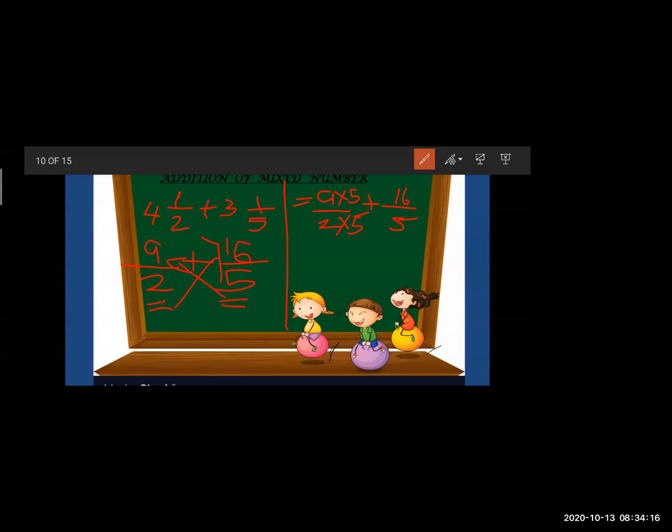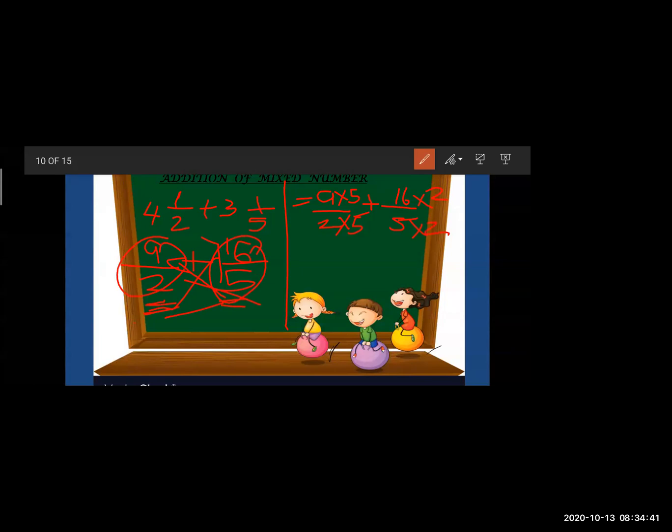Here comes a plus sign. Now see, we have multiplied the first number with the denominator of the other. For the other sum, we will multiply it with the denominator of the first one. So 16 multiplied by 2, 5 multiplied by 2.